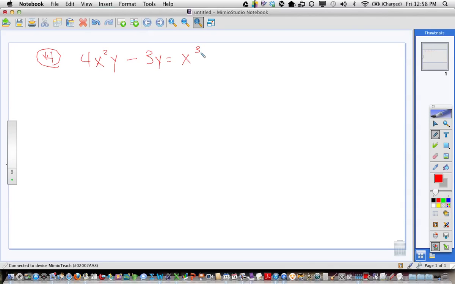X's and Y's kind of mixed in together. That's basically it. All the other problems will be y equals and then all x's. That'll be 8 or 9 of the problems, and 1 or 2 will look like this. So it'll be very easy to tell when you need implicit differentiation, okay?